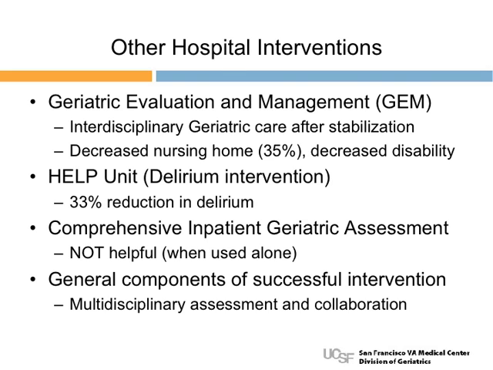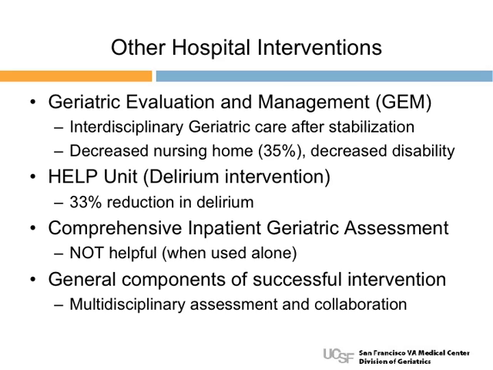These units, similar to ACE units, decrease the risk of nursing home stays and decrease disability. The HELP unit, developed by Sharon Inouye, focuses specifically on delirium, with things like addressing sensory deprivation, preventing dehydration, and preventing psychoactive medicine use, and reduces the risk of delirium by 33%.